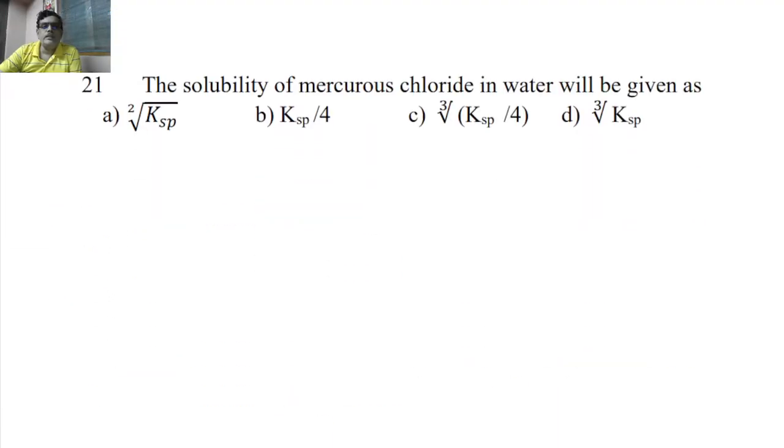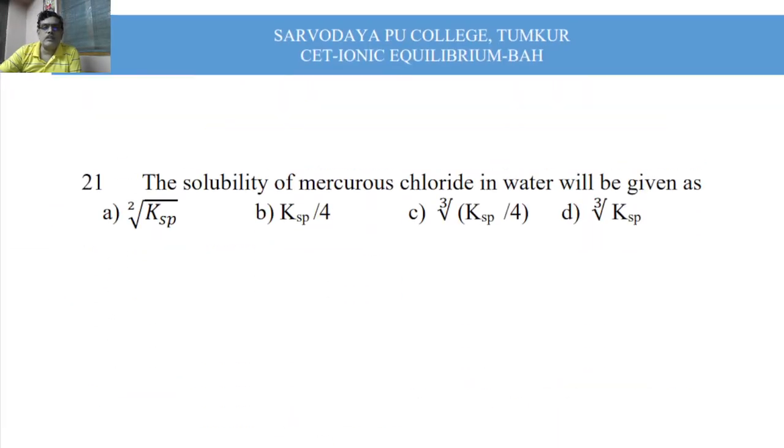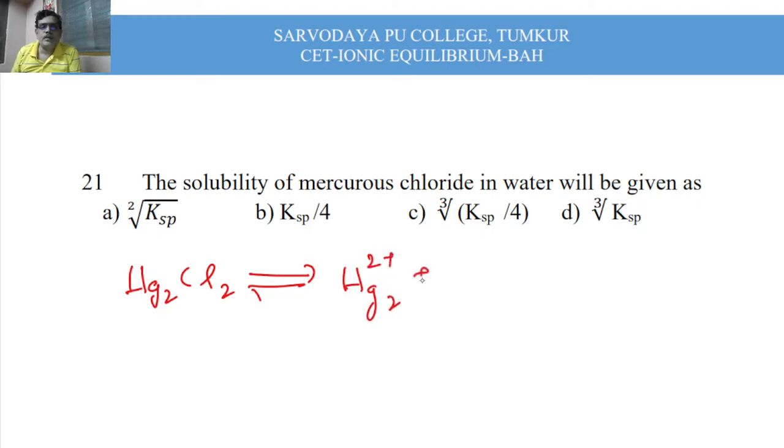The solubility of mercurous chloride in water. The mercurous chloride, we write as Hg2Cl2. But when it undergoes dissociation, or its suspension in water, it is Hg2 2+ and 2Cl-. If you write this as 2Hg+ and 2Cl-, you will get the wrong answer.